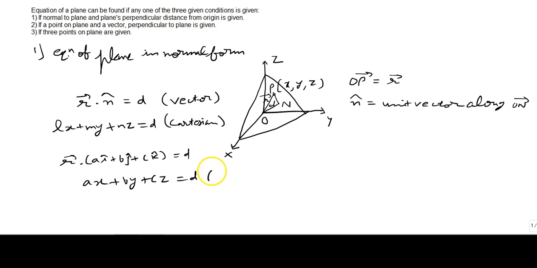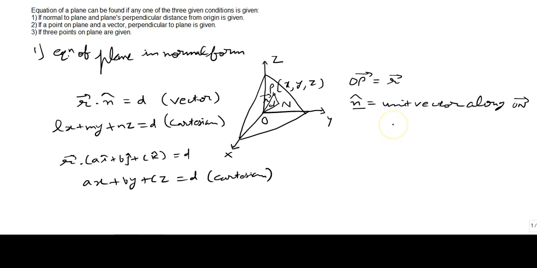There are two equations over here, the equation of a plane in the normal form, when the distance between the origin and the plane is given, and normal to a plane, that ON, is given, and n cap is the unit vector along ON.